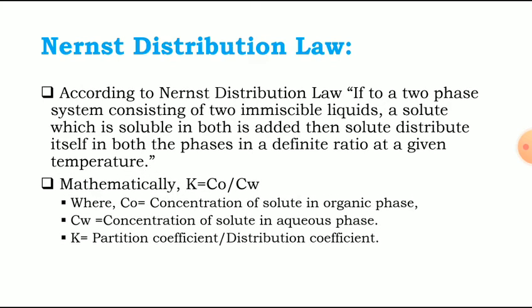Mathematically, the Nernst distribution law is K = Co / Cw. Here capital C stands for concentration, and subscripts o and w denote the phase. Co is the concentration of solute in the organic phase.